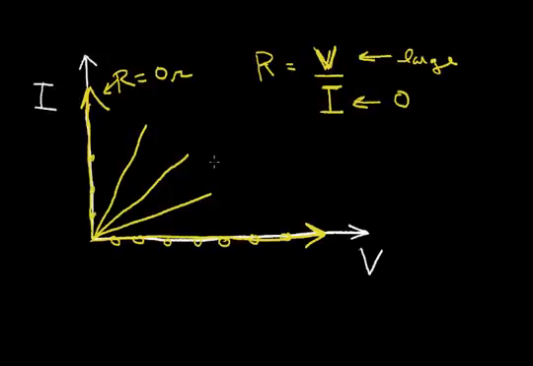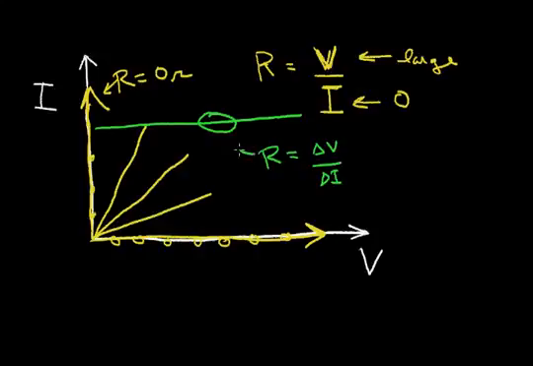Now a constant current source, let me change colors, will plot as a horizontal line. What that means is that resistance, if I say resistance is equal to change in voltage divided by change in current, say for this region right here, I want to calculate the resistance on this part of the curve.